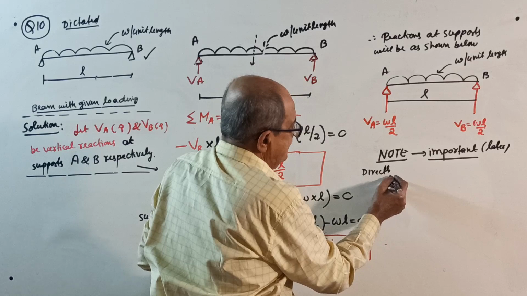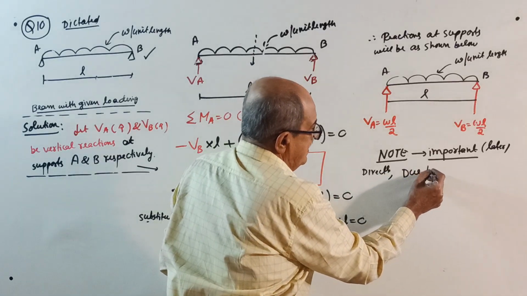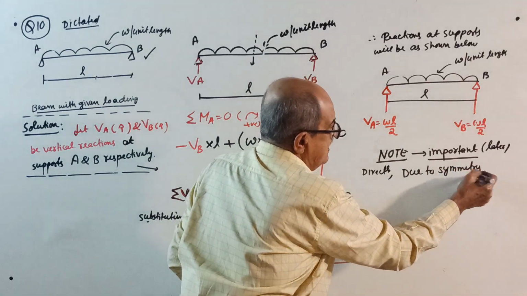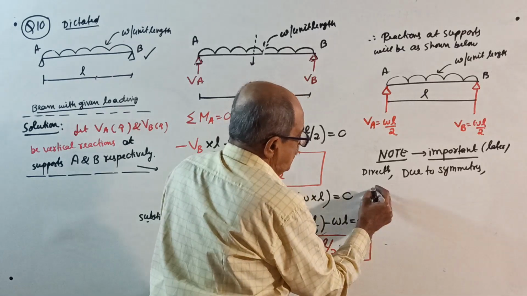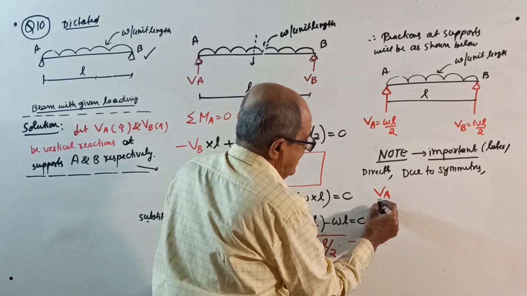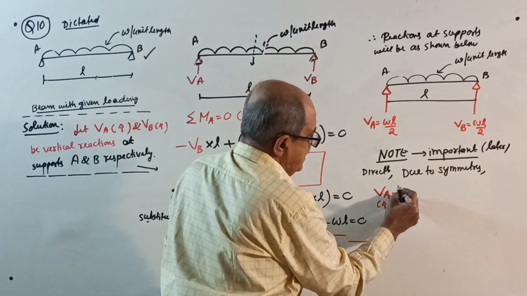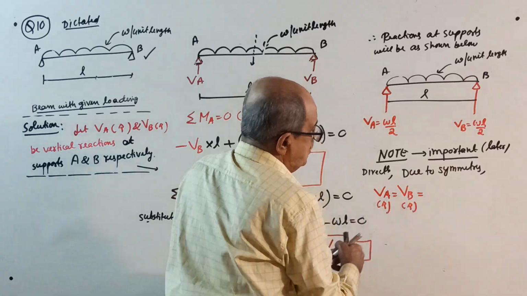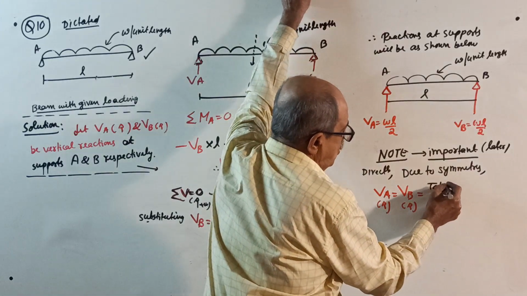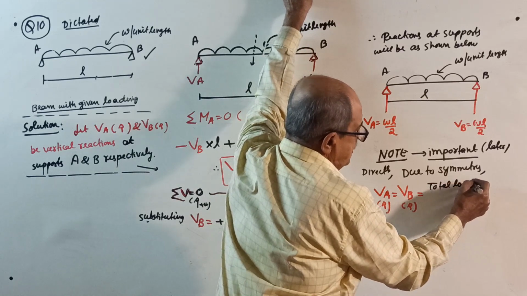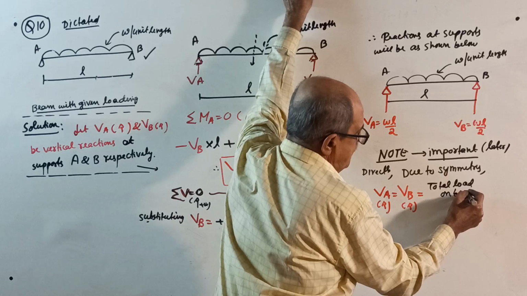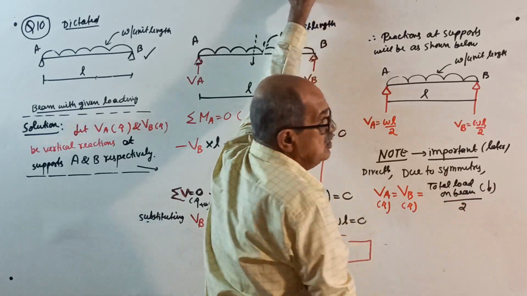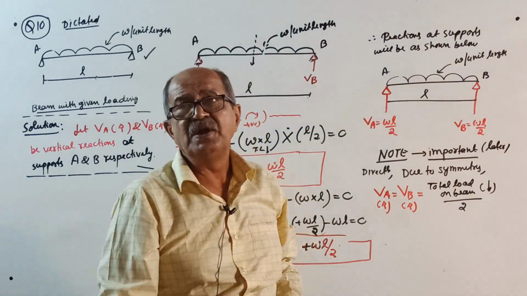You directly see, due to symmetry, you can write vertical reaction at A in upward direction equal to vertical reaction at B in upward direction equal to total load on the beam in downward direction divided by 2. Load is equally shared by the two supports.